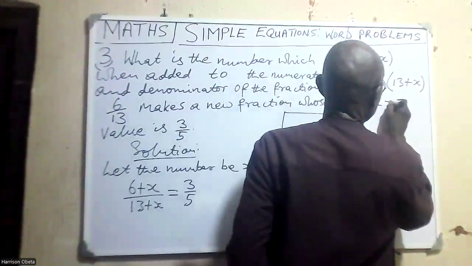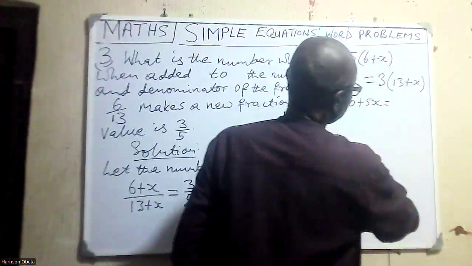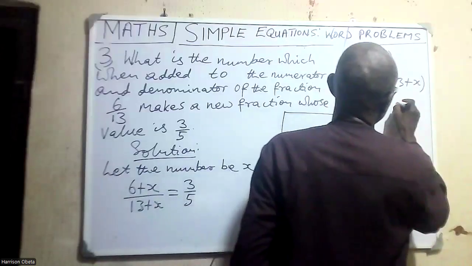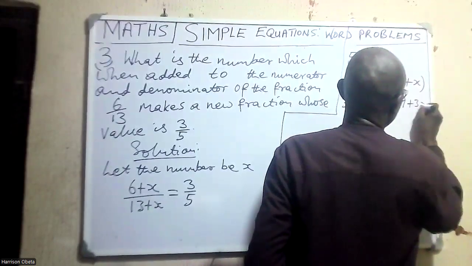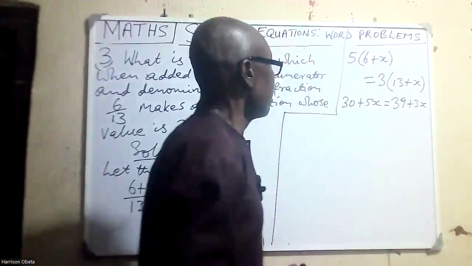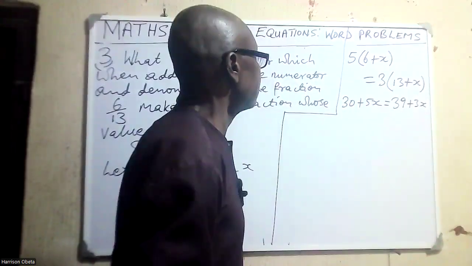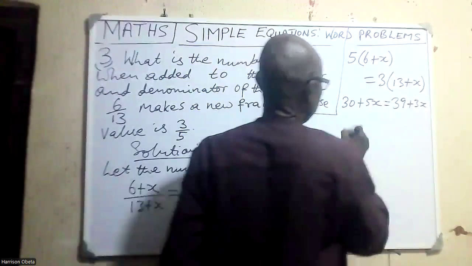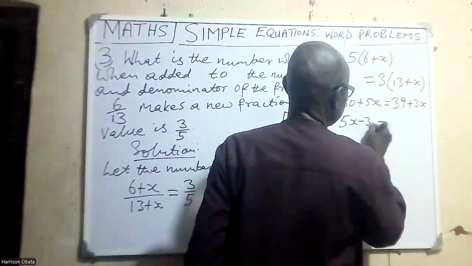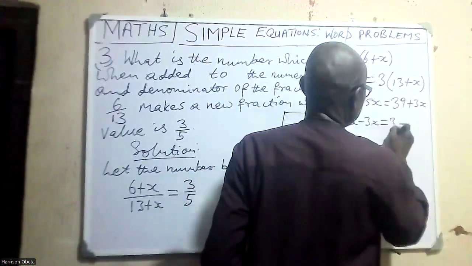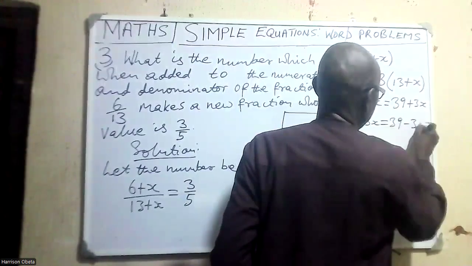And that will give us 3 times 13 will give us 39 plus 3x. Again, we collect our like terms, and that should be 5x minus 3x is the same thing as 39 minus 30.